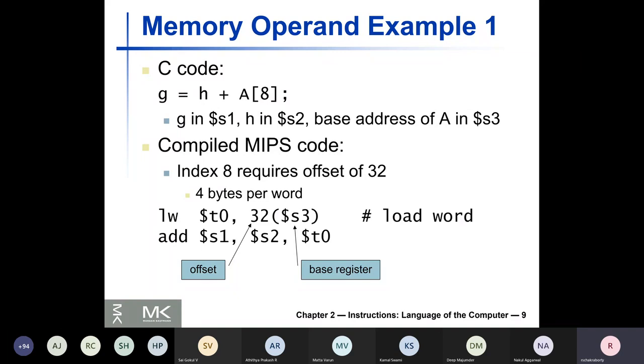Because the compiler knows that each integer is probably 4 bytes. Everything is byte addressable, remember. So 4 into 8 is 32 bytes. So I must move 32 bytes from the starting address of the array. This is exactly the 8th indexed element, that is the 9th element of the array, right? So you pass over 32 bytes, you will reach the 8th indexed element of the array.